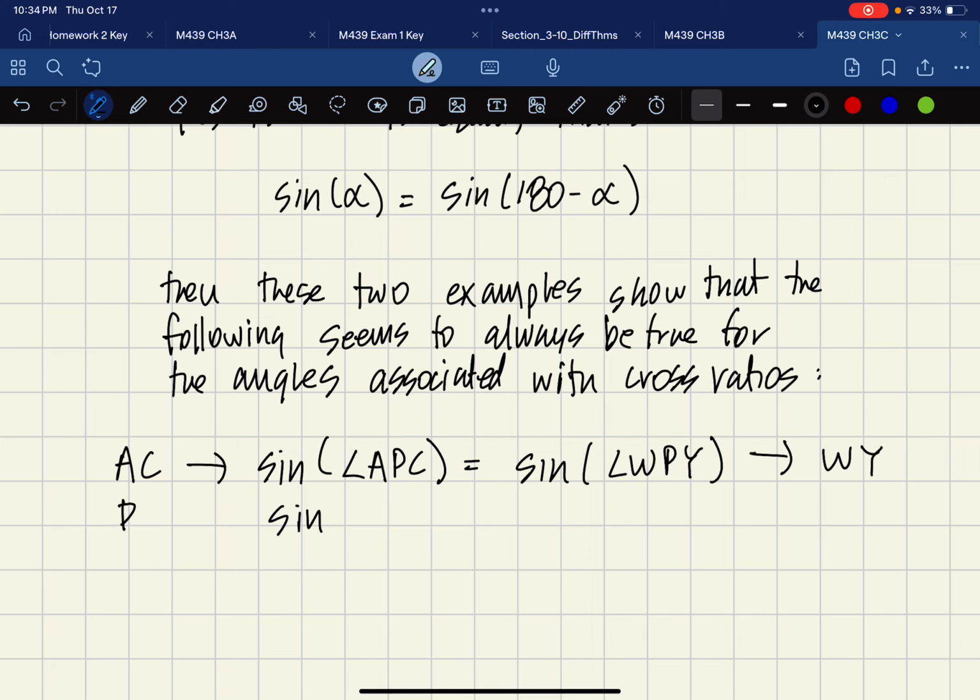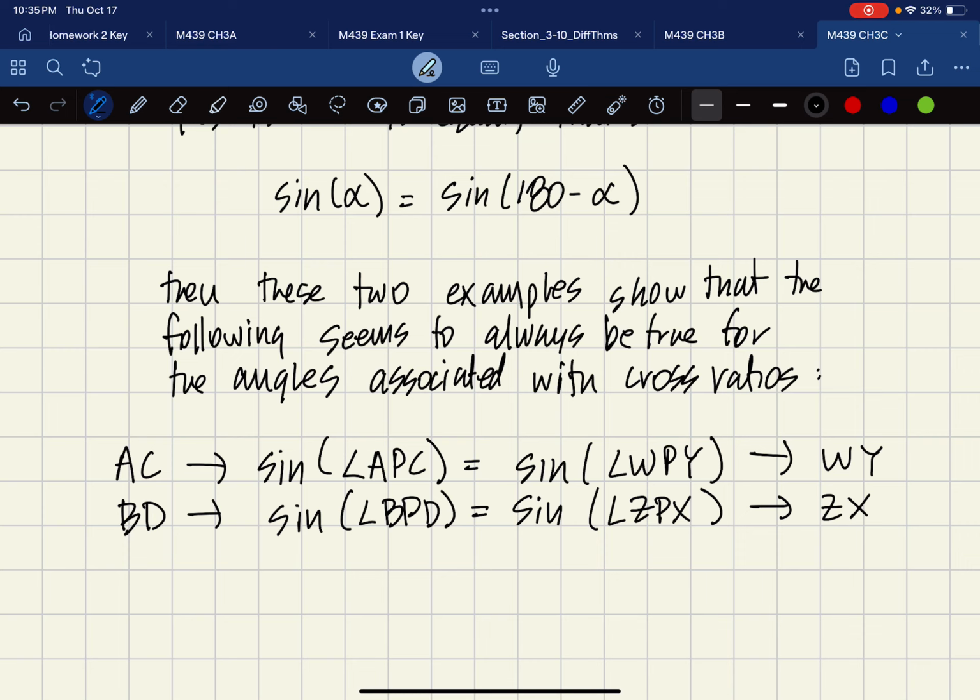This is our BD, the sine of angle BPC would be equal to the sine of angle BPD, which would be the same as ZPX. So ZX seems to be associated with that.